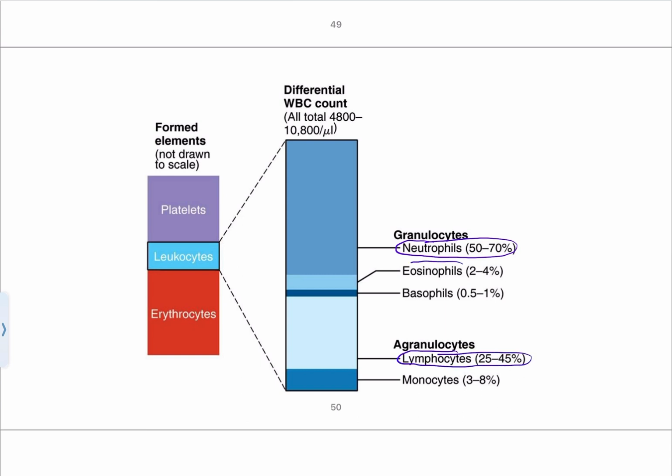Then monocytes at 3 to 8%, eosinophils 2 to 4%, and then very, very few basophils at 0.5 to 1%.